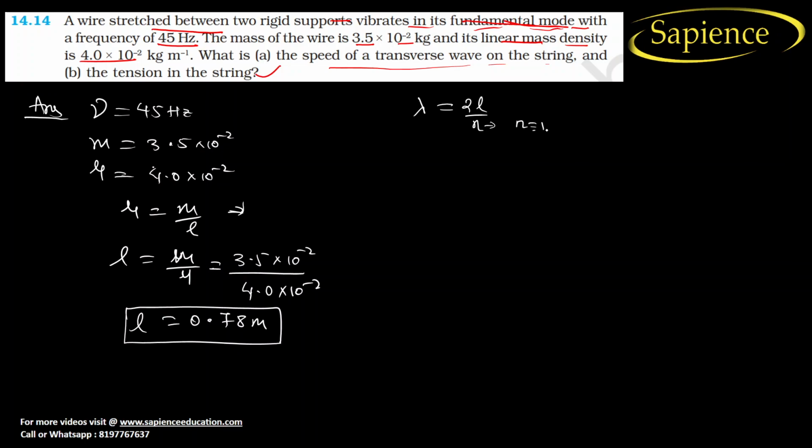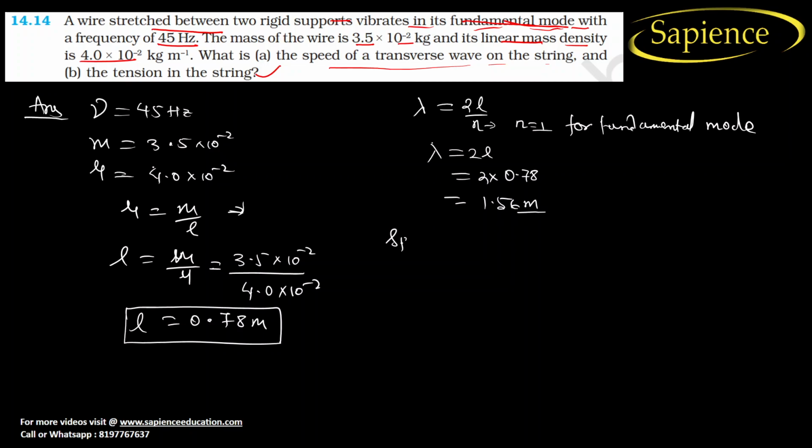N equal to 1 means it is the fundamental mode. So lambda is equal to 2 into L, which is 2 into 0.78. Multiplied by 2, we get 1.56 meters. So we have got lambda.